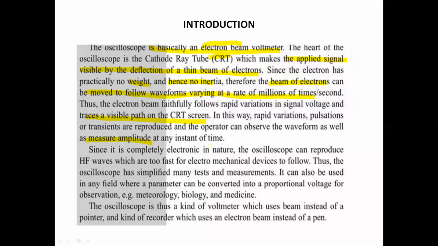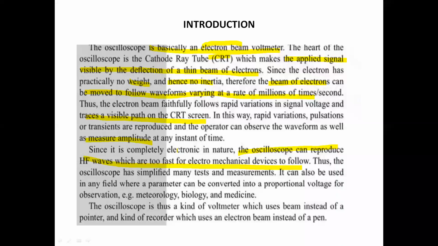Since it is completely electronic in nature, the oscilloscope can reproduce high frequency waves which are too fast for electromechanical devices to follow. There are also devices used to measure amplitude, like DC voltmeters.